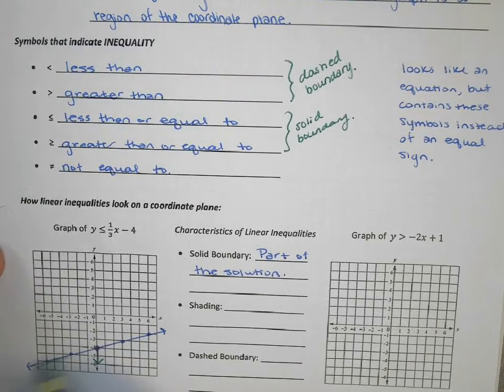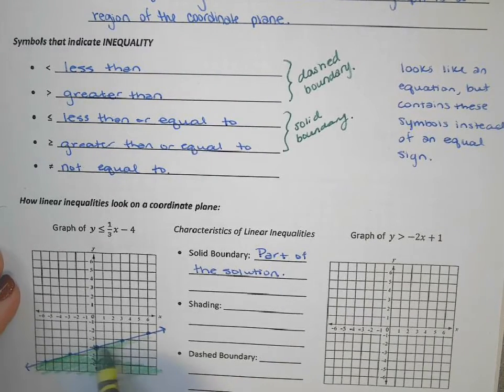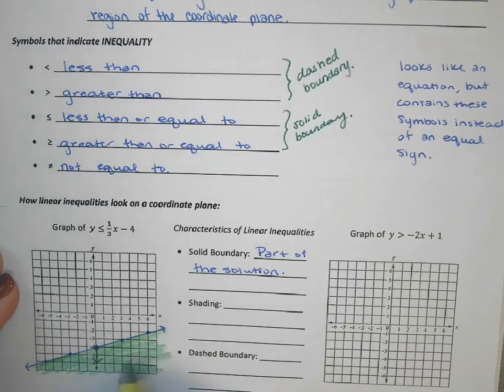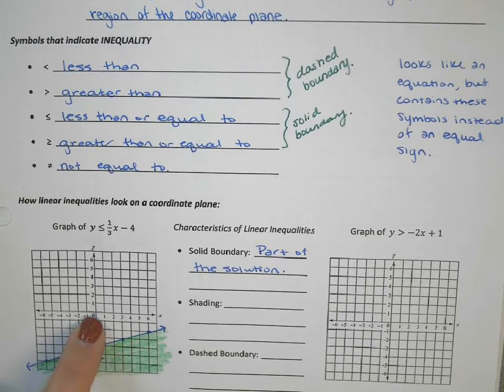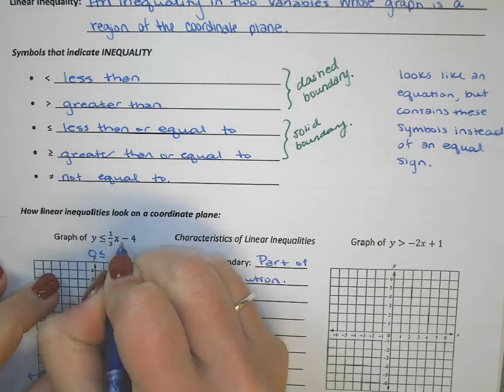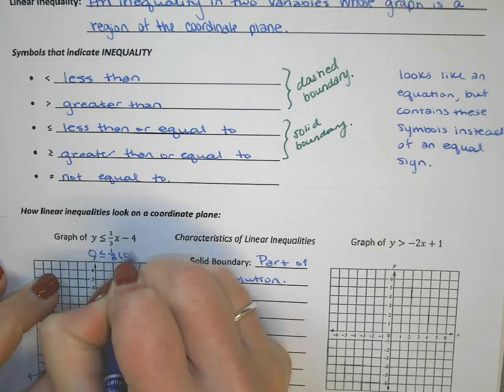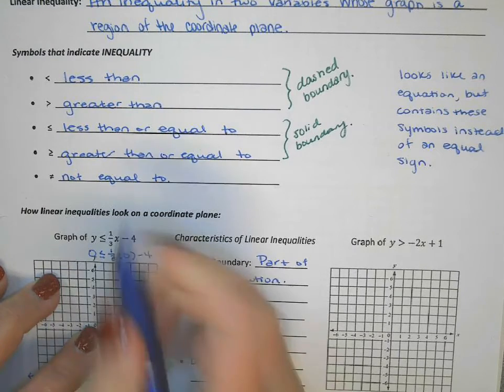Now if it had x and y on that side, we would have to either get y alone, or we could plug in a known point and see if it works or not. So for example, let's say I wanted to plug in 0, 0 and see if 0, 0 works. Is 0 less than or equal to 1/3 times 0 minus 4? Well, when I simplify the right side, that turns into 0 minus 4.